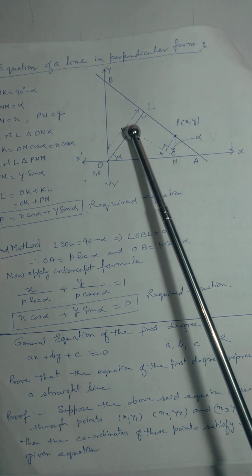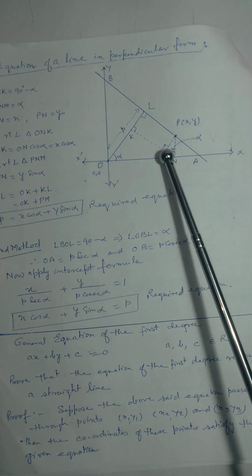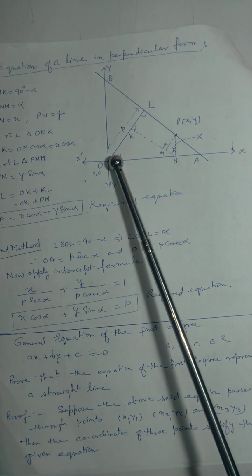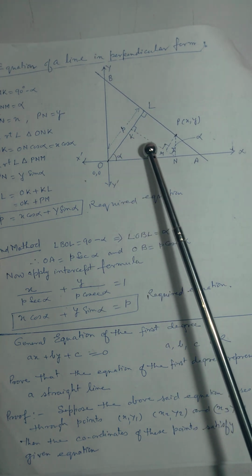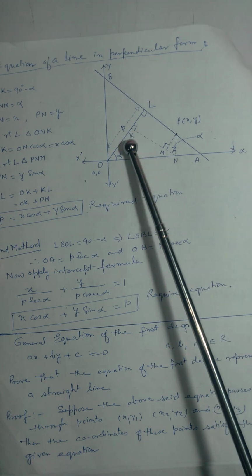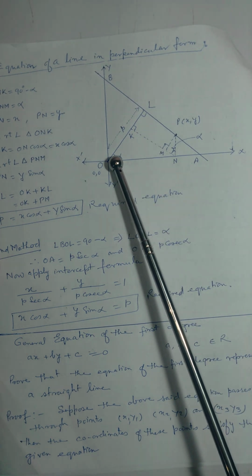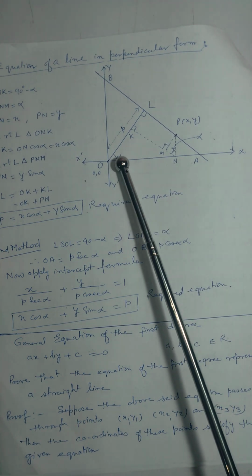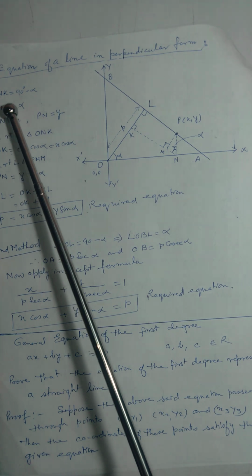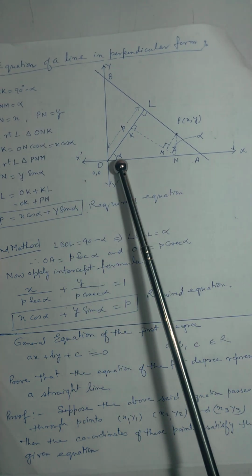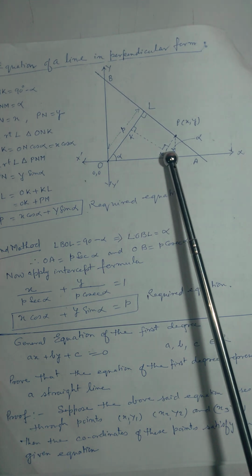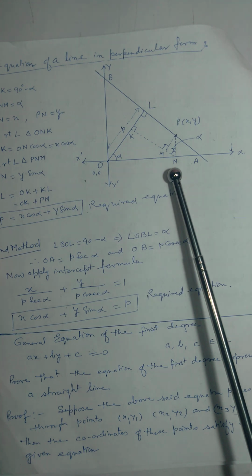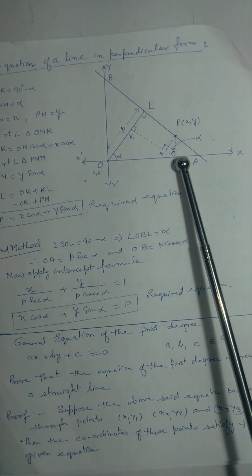This is 90 degrees, this is alpha, and this is angle OLK, so angle OLK plus alpha is equal to 90 degrees, because these two angles are complementary. So angle OLK is 90 minus alpha, therefore angle MPN will be equal to alpha.